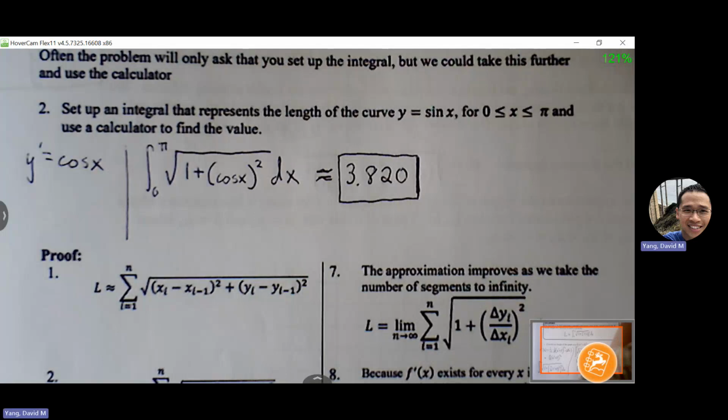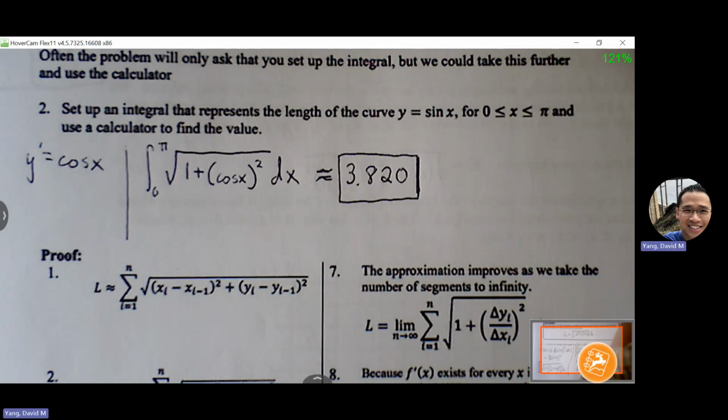Make sure you're in radian mode. Any questions with 2?